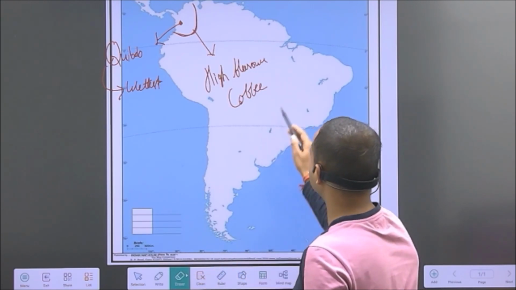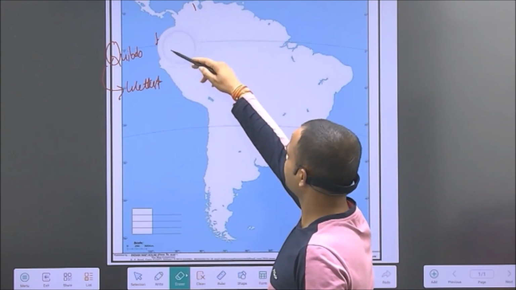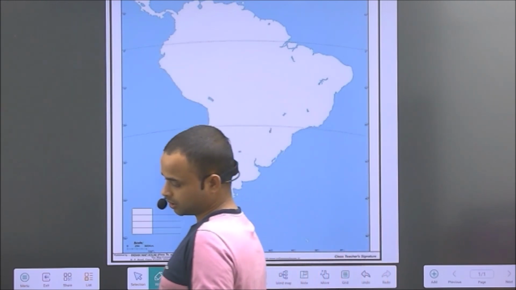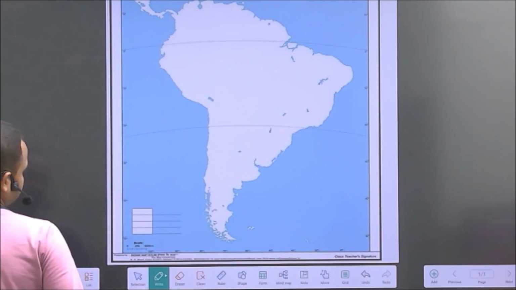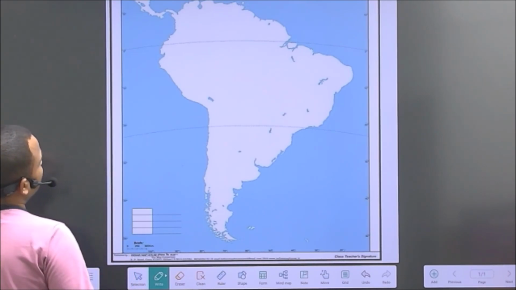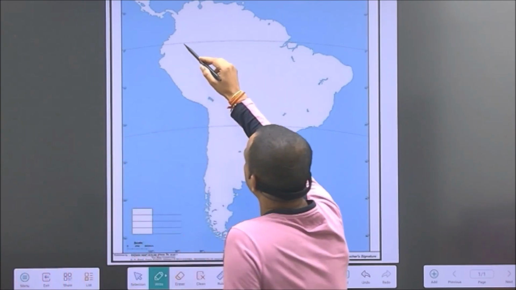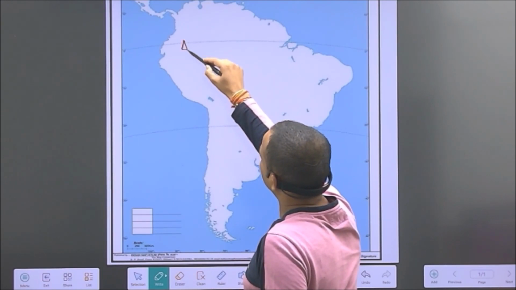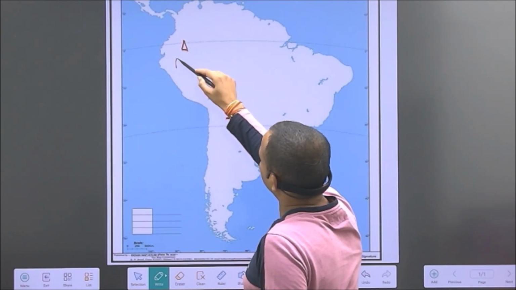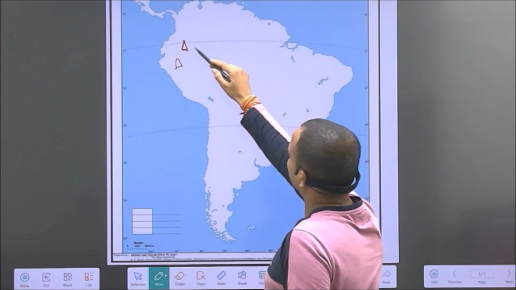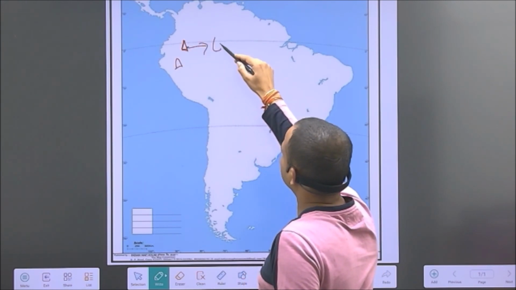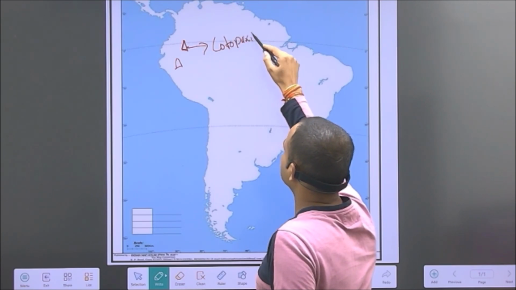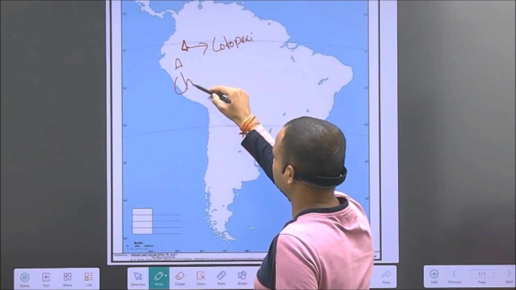Again, you can see in the south of Venezuela, Ecuador is situated here, and here two peaks you can see, Cotopaxi and Chimborazo.